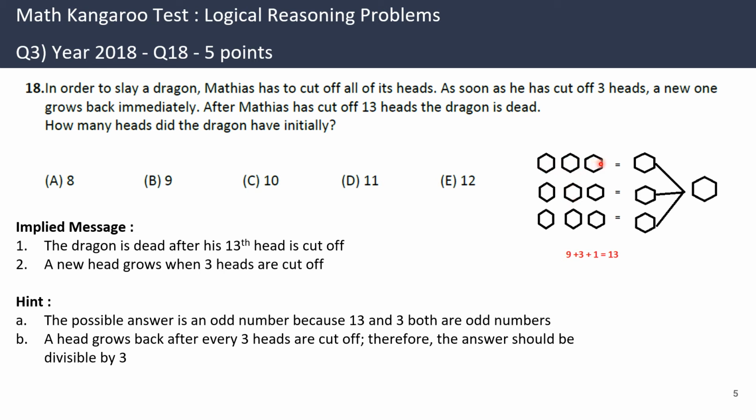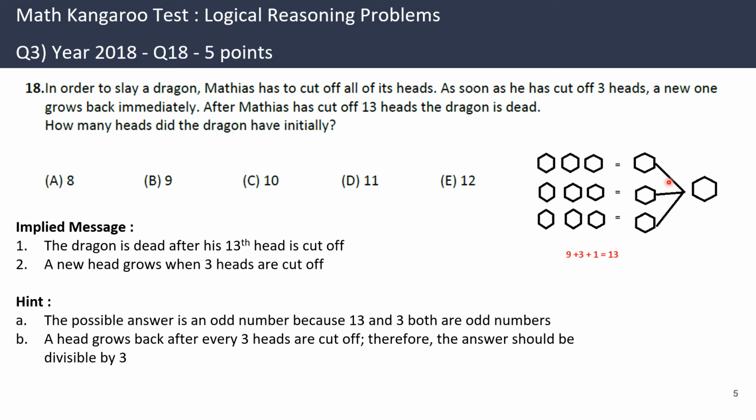Every third head when cut off, a new head popped up. So for the second row, this is the new head, and for the third row, this is the new head. Once Matthias cuts off all these 3 new heads and another head pops up, Matthias cuts this head as well, and there is no new head after that. That means we are assuming the dragon is dead.